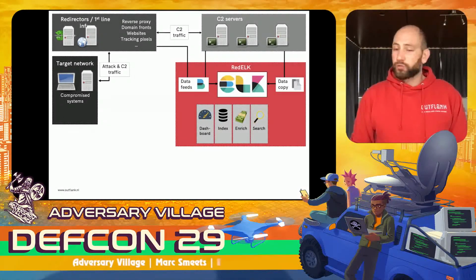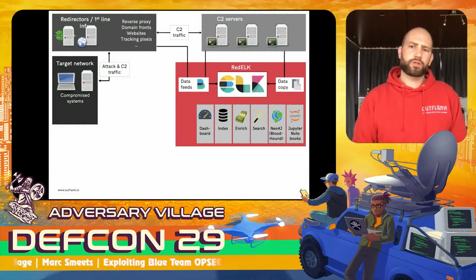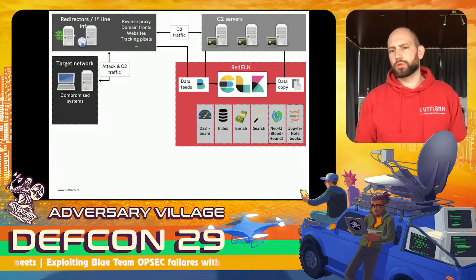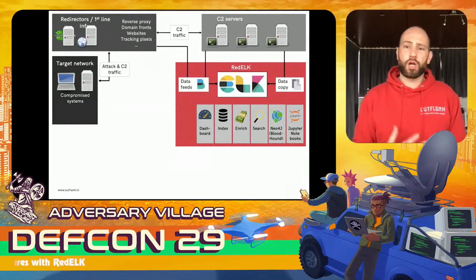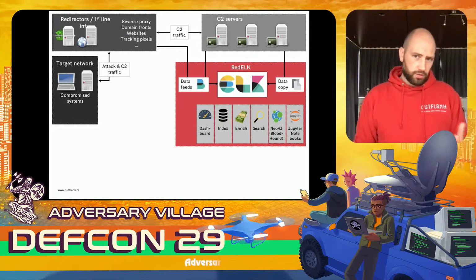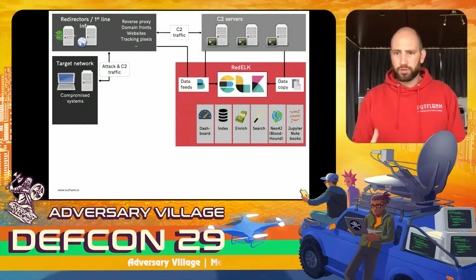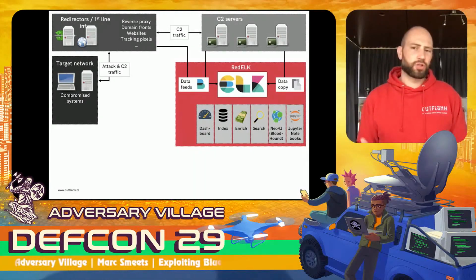In recent versions, we have also added a Neo4j Docker instance as well as a Jupyter Notebook Docker instance, meaning that the Neo4j is used to import output from BloodHound. So besides the Elastic stack, you will also have a Docker instance with Neo4j, and you have a Jupyter notebook for quick searching through data.